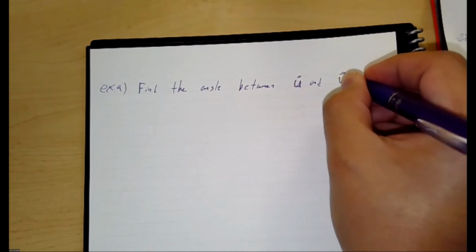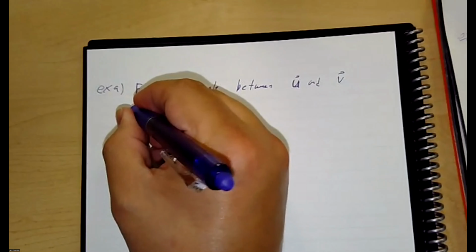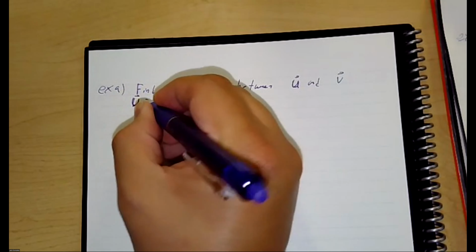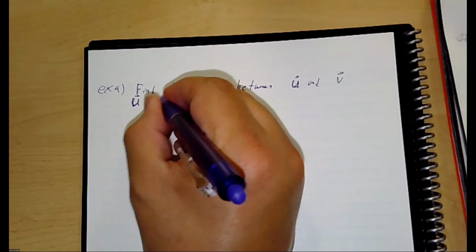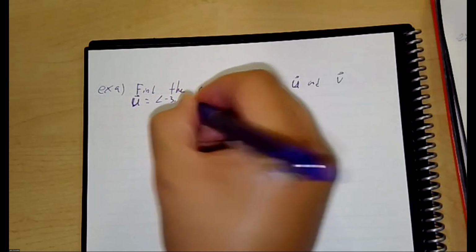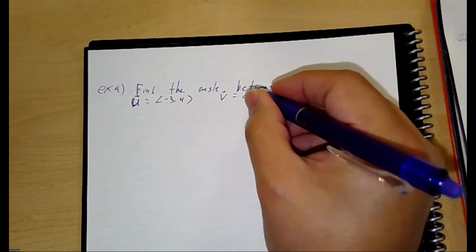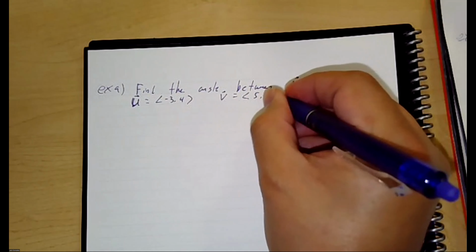U is equal to -3 comma 4. V is equal to 5 comma 12.